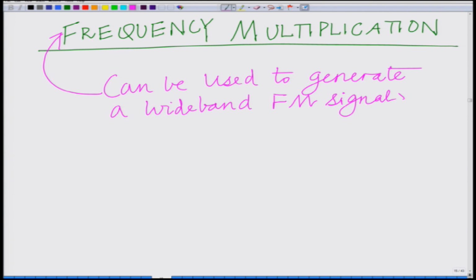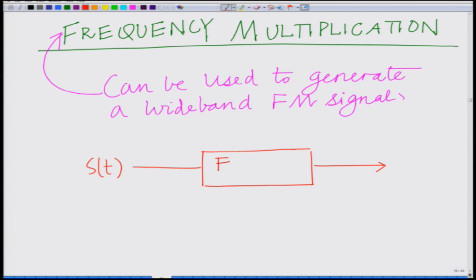So, what do we mean by frequency multiplication? We pass our narrow band FM signal through a frequency multiplier. Okay. So, let us say this is a frequency multiplier.